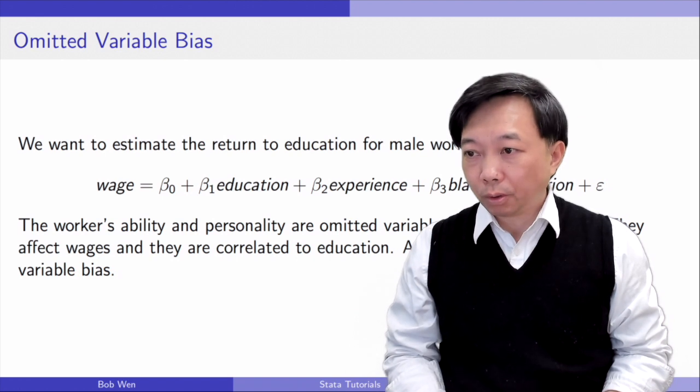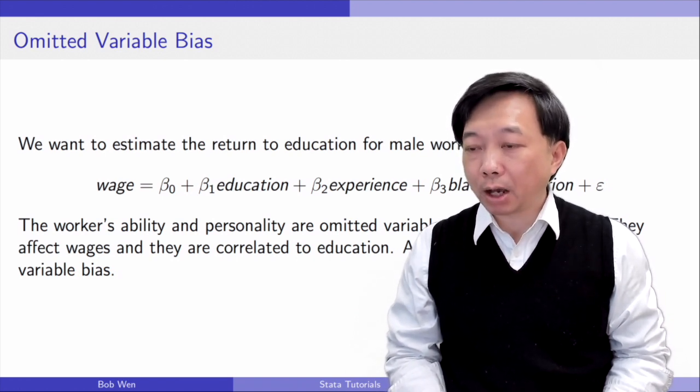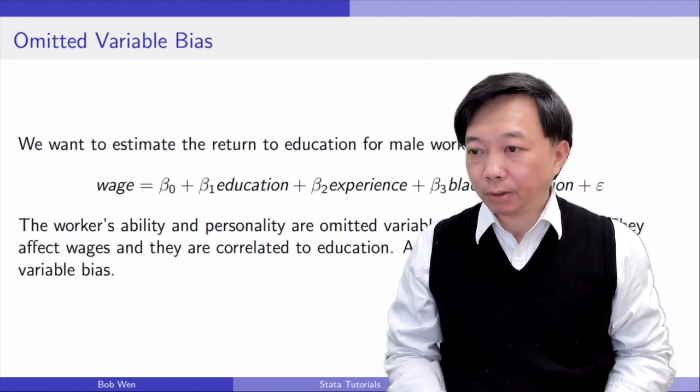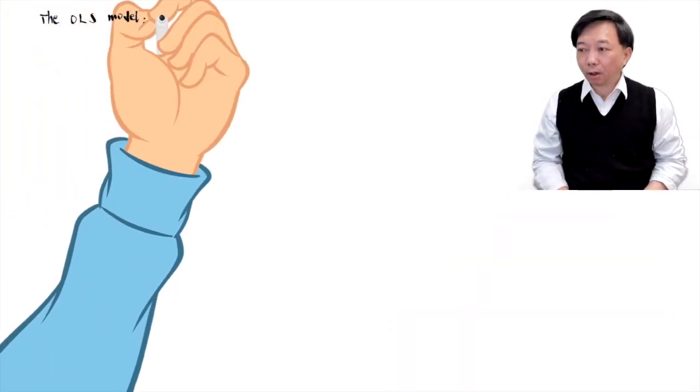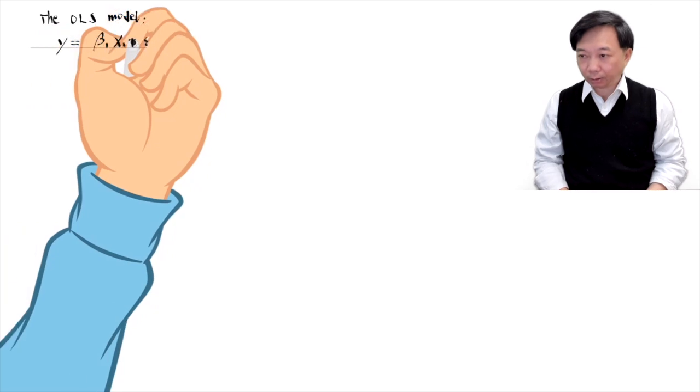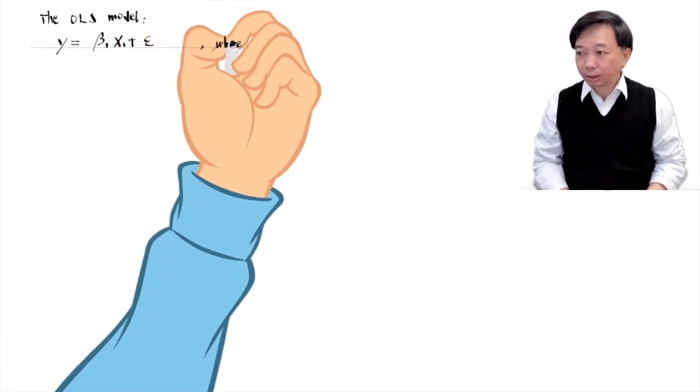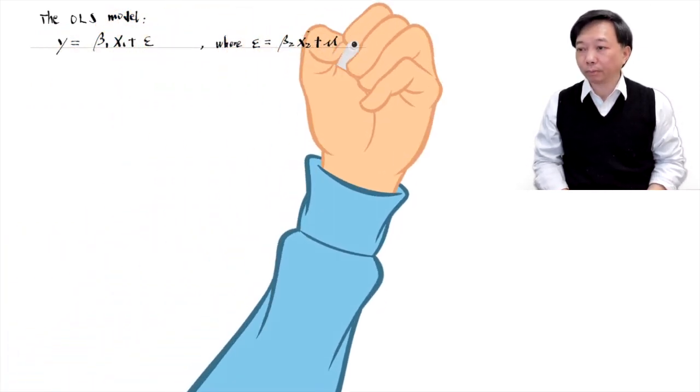Let me show you why omitted variables result in biased estimates mathematically. We have an OLS model relating the outcome variable y to the explanatory variable x1. Suppose the error term epsilon contains two components.